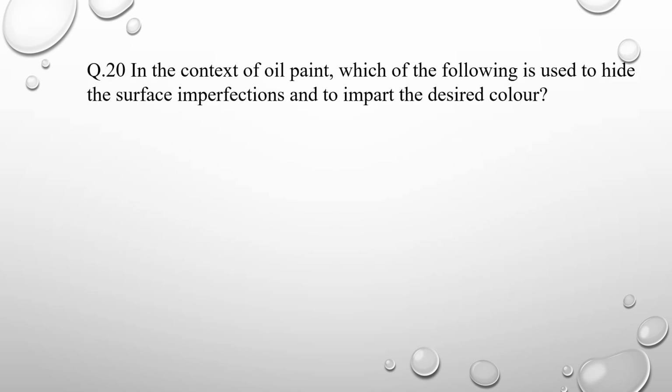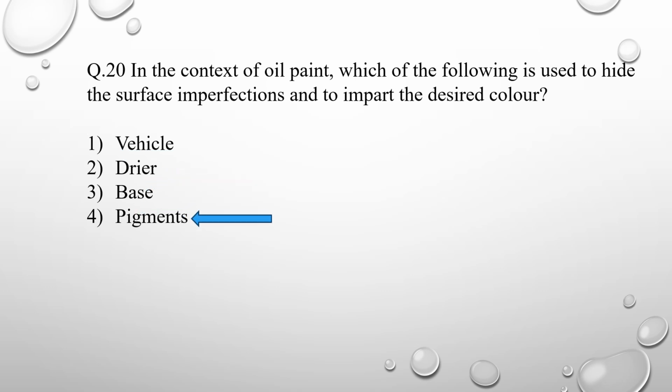Then question number 20. In the context of oil paint, which of the following is used to hide the surface imperfections and to impart the desired color? To hide the wall imperfections with the desired color, the thing used is pigments.